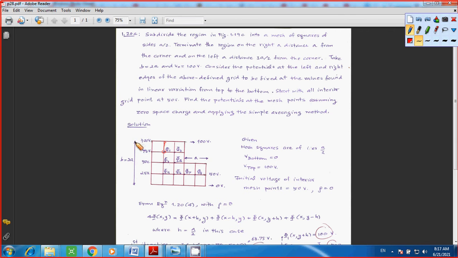This is the length of 4a, and divide by 4, that's give you h, the height, to be a over 2, and then you plus the potential at this point, plus the potential at this point, plus the potential at this point, and when your rho, the charge density, equal to 0, you have only this equation.